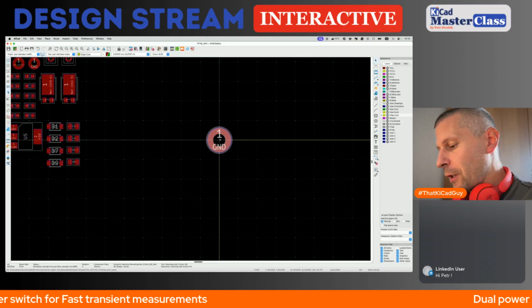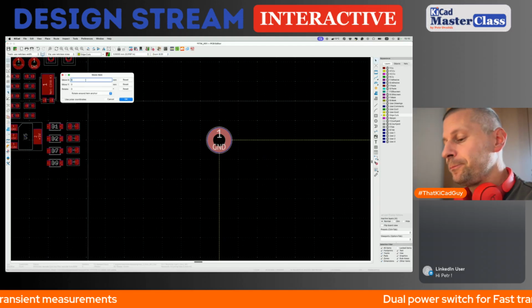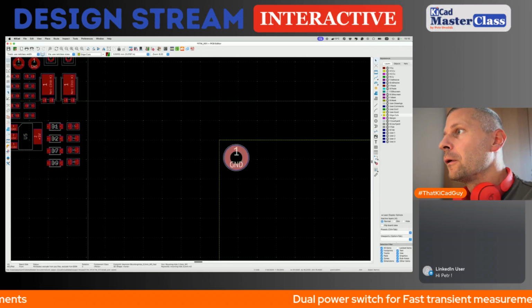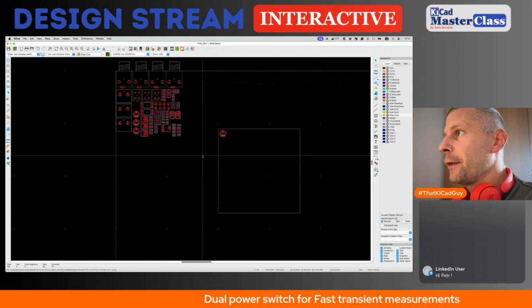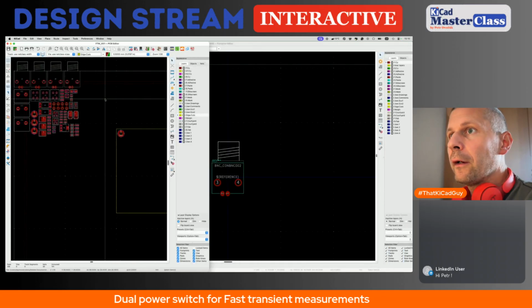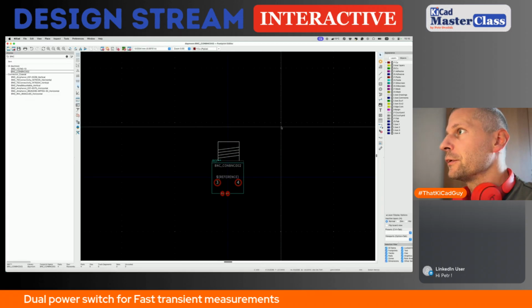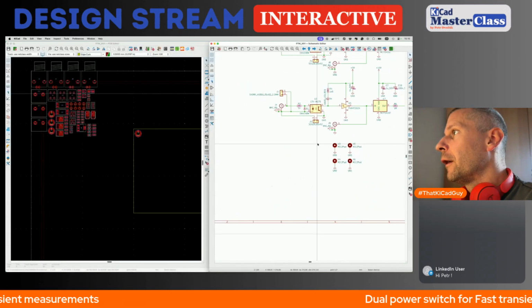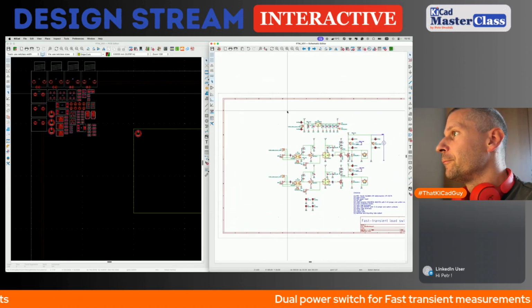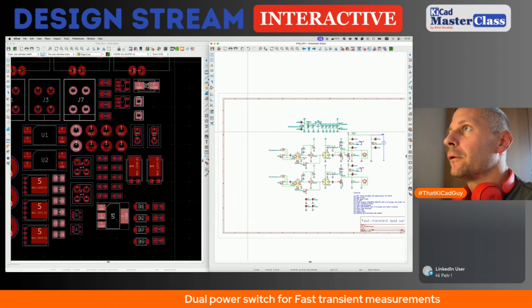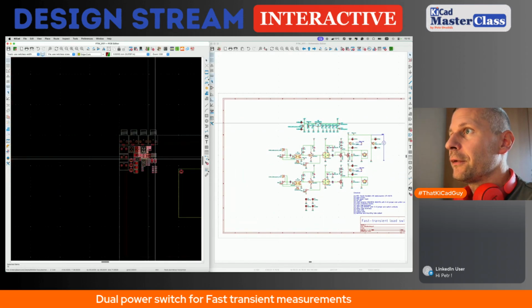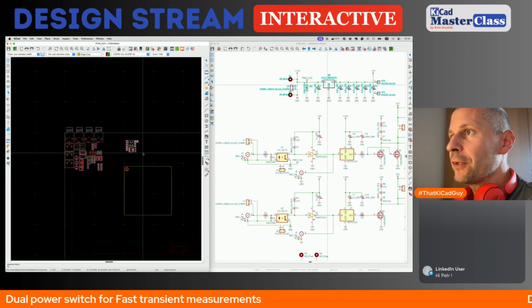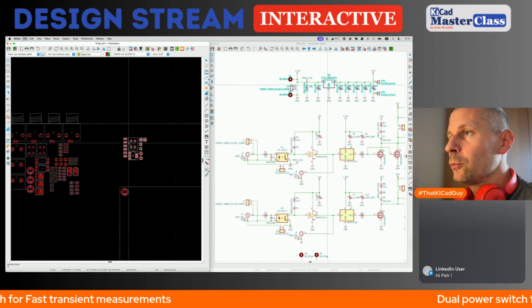Okay, so I want to move this like here, and as usual, I will use the split screen mode, and we will separate the footprints into blocks. Here is the block with the LDO.